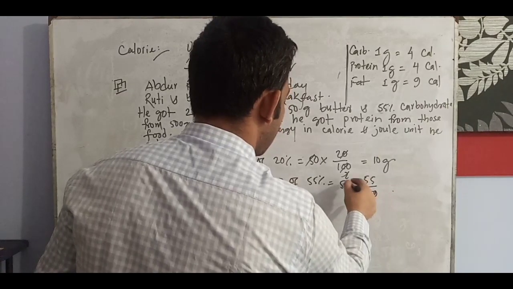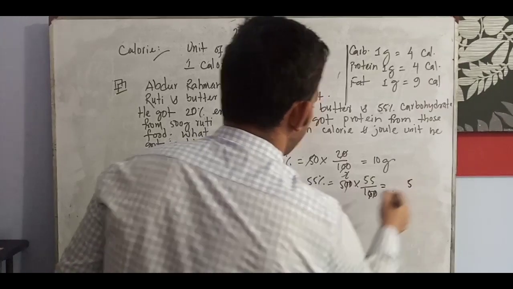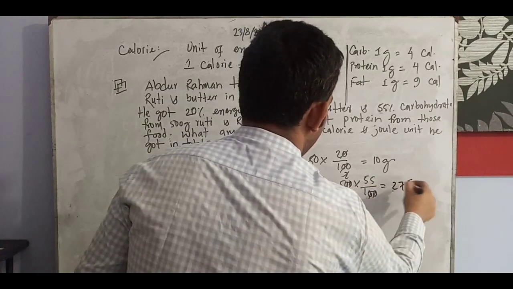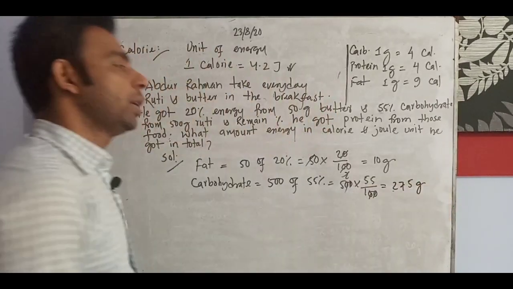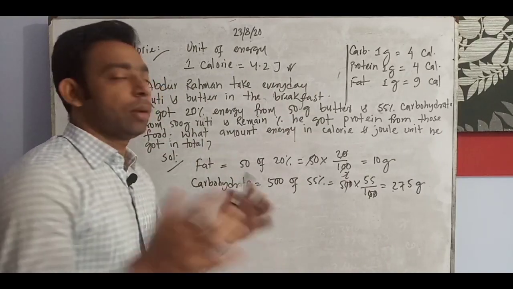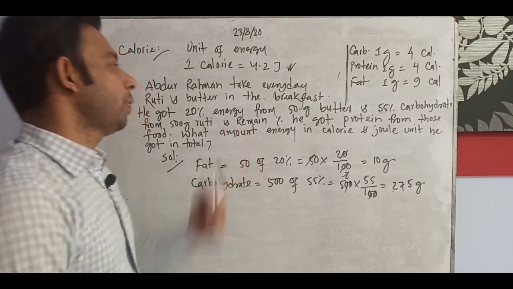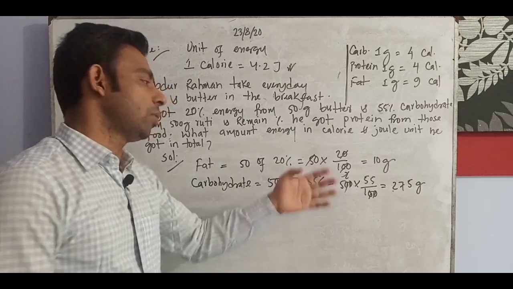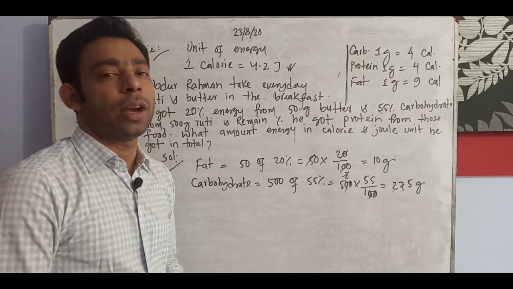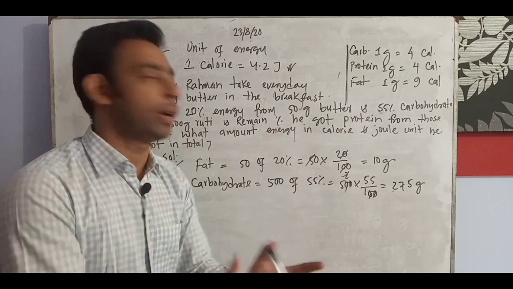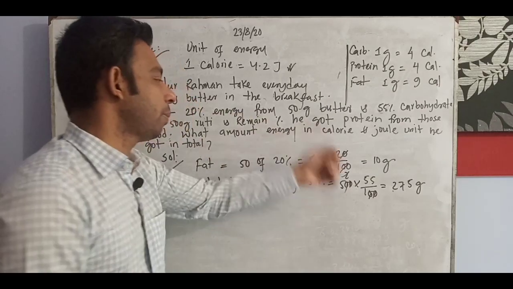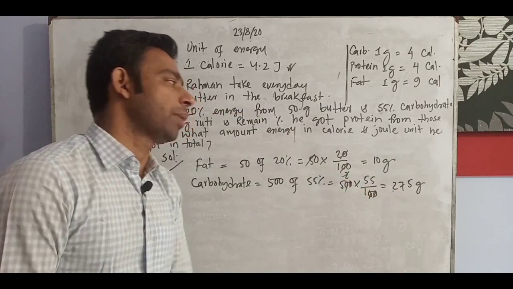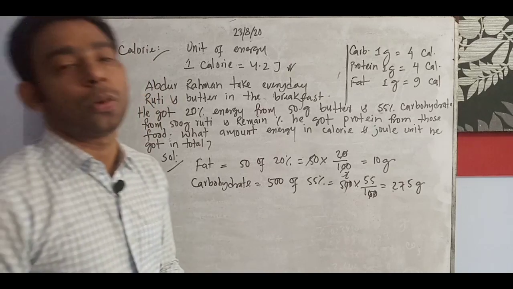So we can make sure it is 275 gram carbohydrate. When he eats 500 gram roti, he got 55% of it as carbohydrate. That means 275 gram carbohydrate he got from there.